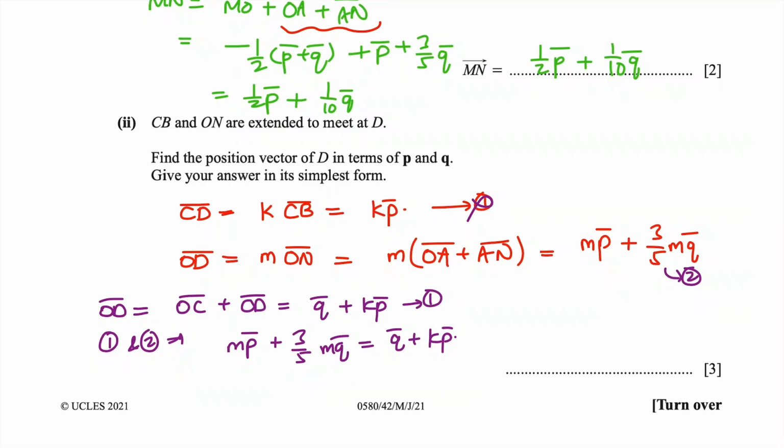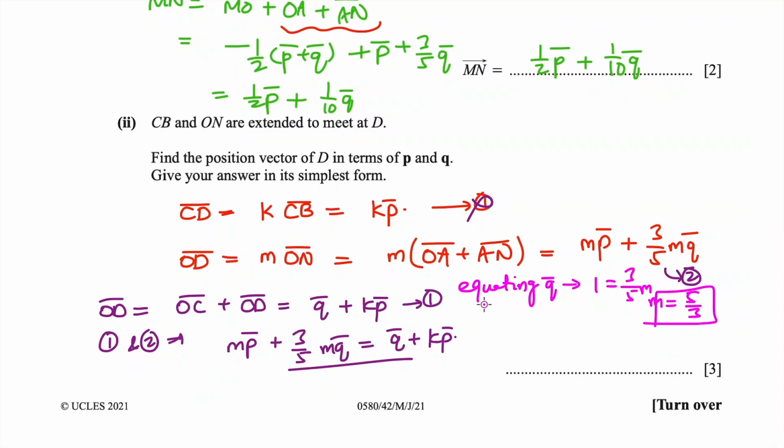So from here, equating Q bar, I can take 1 is equal to 3 by 5M. So M is equal to 5 by 3.